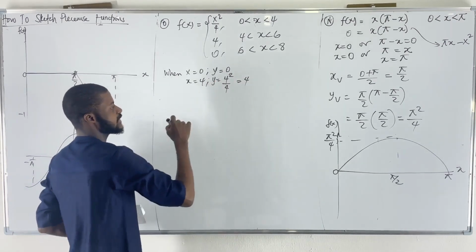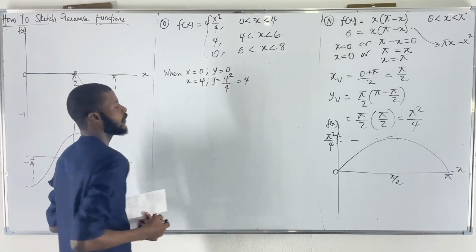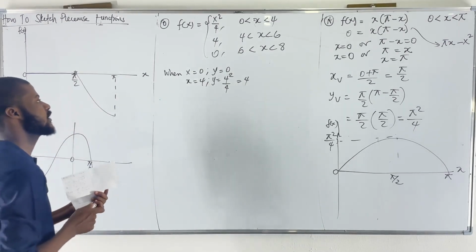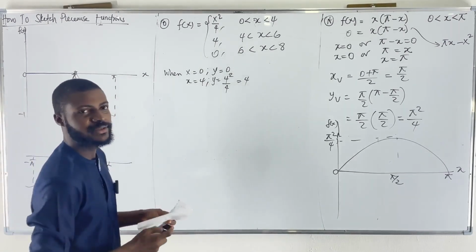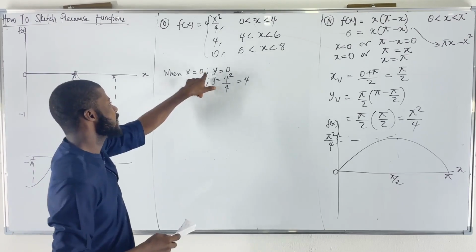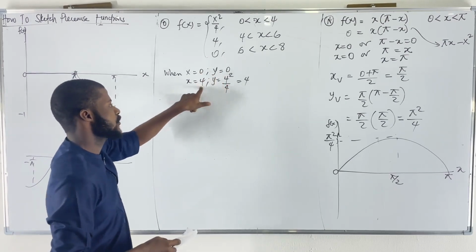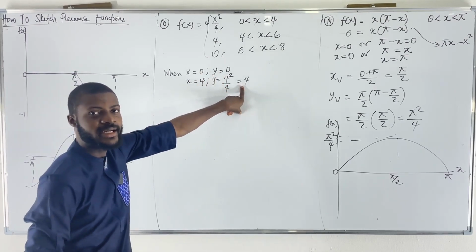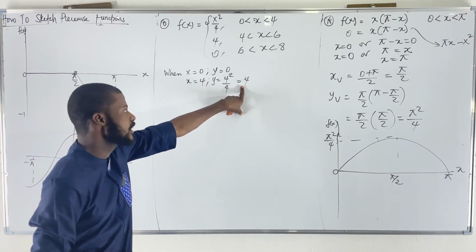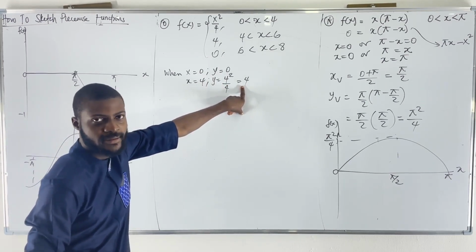Because 4 squared is 16, and 16 over 4 is 4. So that one is much easier. But please take note, because x is equal to y here does not mean that it's a linear expression. It is quadratic, so it's going to be a parabola.